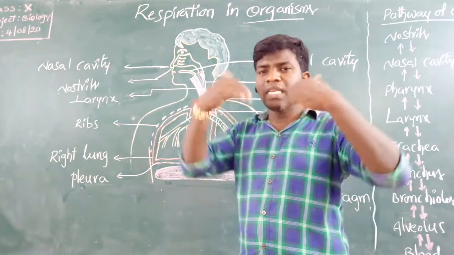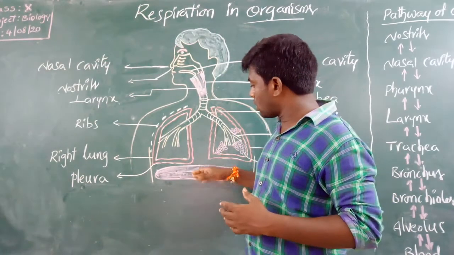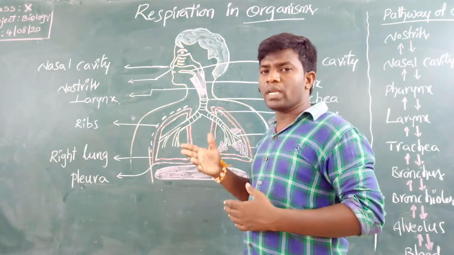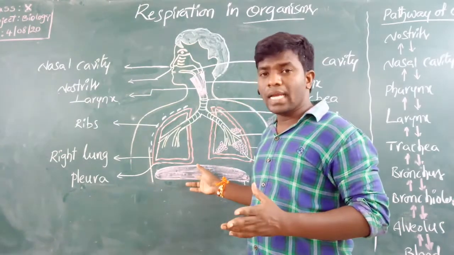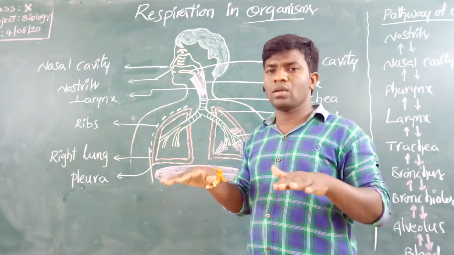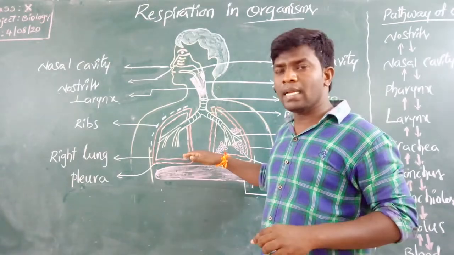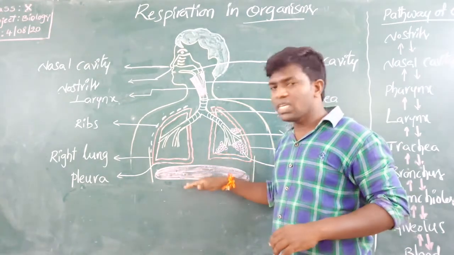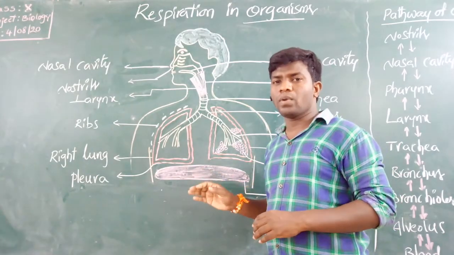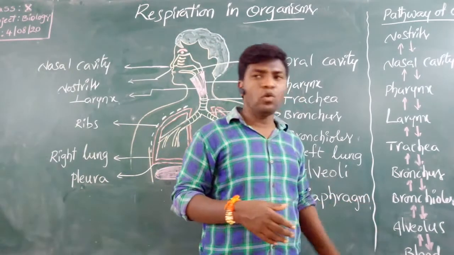While we are breathing in, the diaphragm comes down. While we are breathing out, the diaphragm comes back. I will explain more details later. Below the lungs, a sheet-like structure is there. That is the diaphragm.